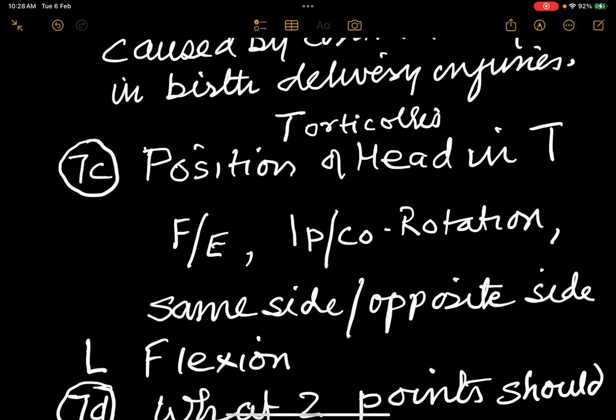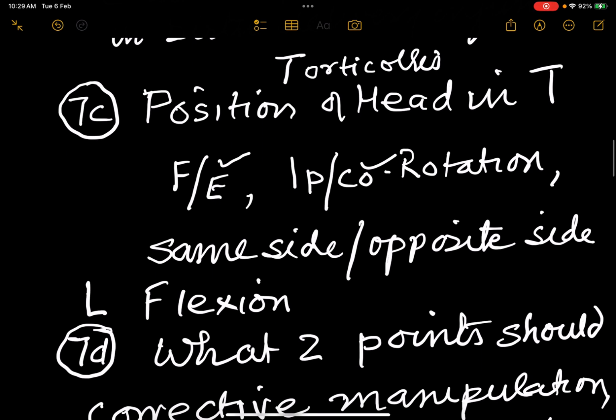It will be extension. It will be contralateral rotation, and it will be same side lateral flexion, as if you are looking up and to the opposite side.